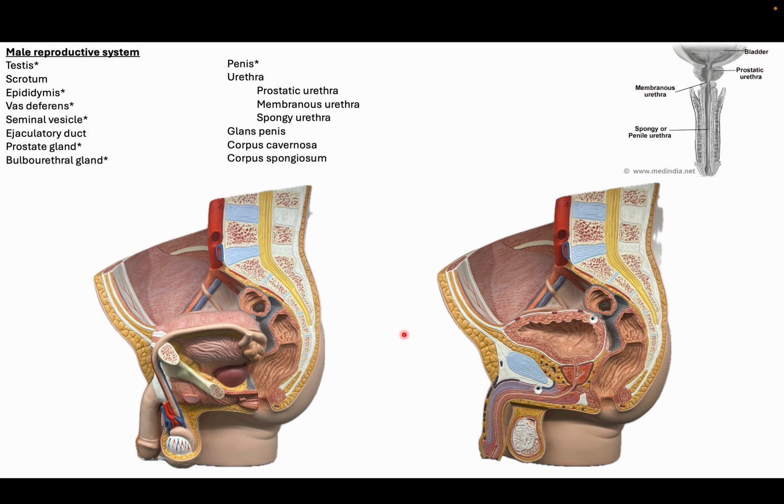If we remove the external part, you can actually see the prostate gland in more detail. This portion right here is the ejaculatory duct, where there is going to be some fluid that is secreted in here. Sperm is traveling through here. And then you have the prostatic urethra.